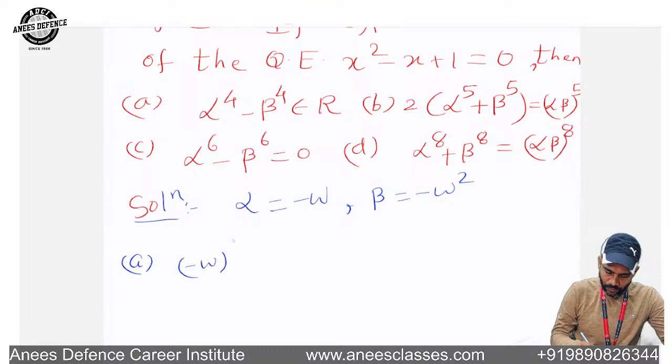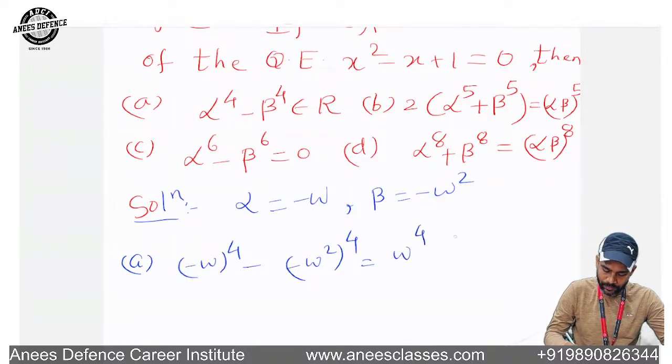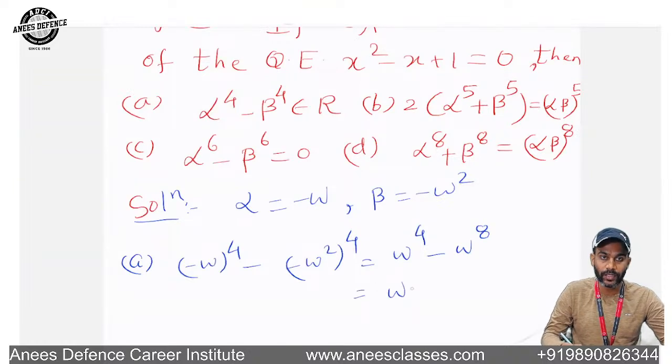(Minus omega) raised to 4 minus (minus omega square) raised to 4 is equal to what? This is nothing but omega raised to 4, and this is nothing but minus omega raised to 8. Omega raised to 4 is omega, because omega cube is 1.